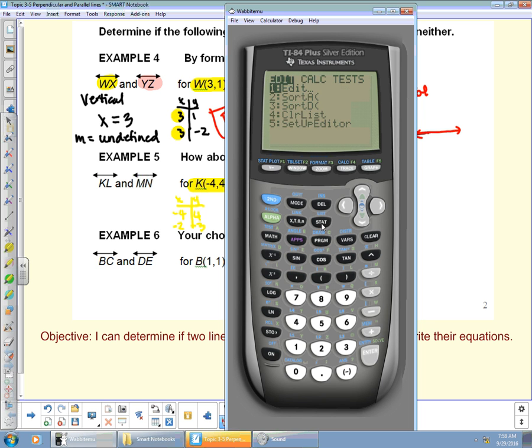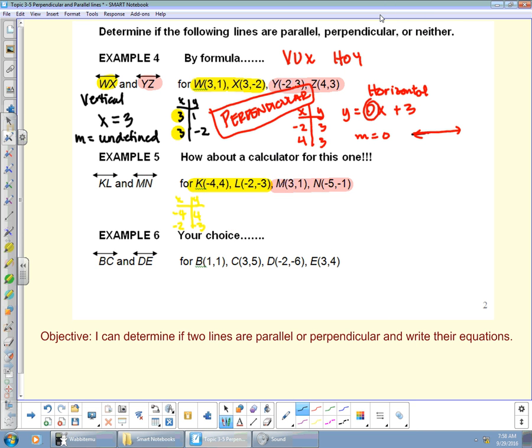So I want it to tell me the equation: stat, calc, number 4, enter, enter, enter, enter, till it gives me an equation. So y equals -3.5x minus 10 is my equation.